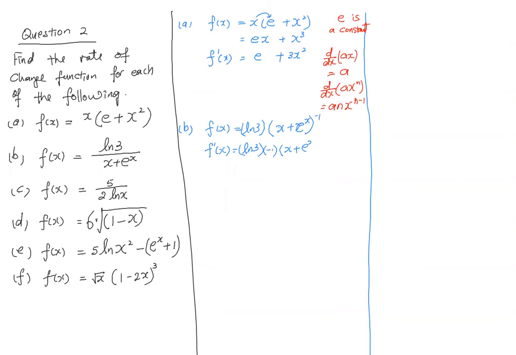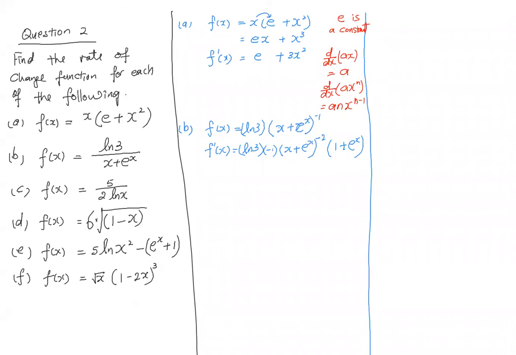So that is -2. Can I stop here? No. So what should I proceed? Times 1 plus e to the power of x. Yeah, 1 plus e to the power of x.